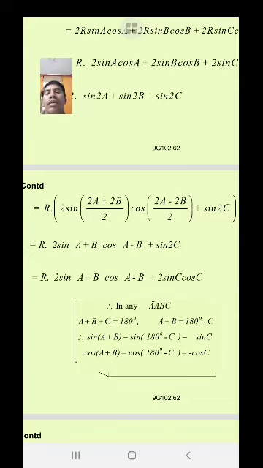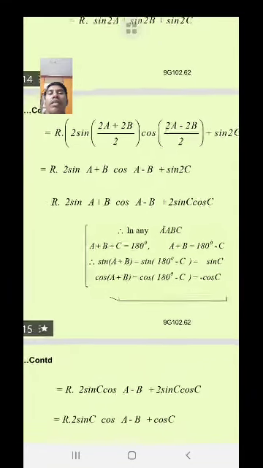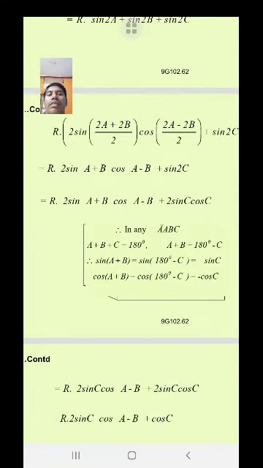So R of, 2 into sin of (A plus B) into cos of (A minus B) plus sin 2C, because in the angles, numerator if you take common 2 and in the denominator also 2, so the 2 gets cancelled.